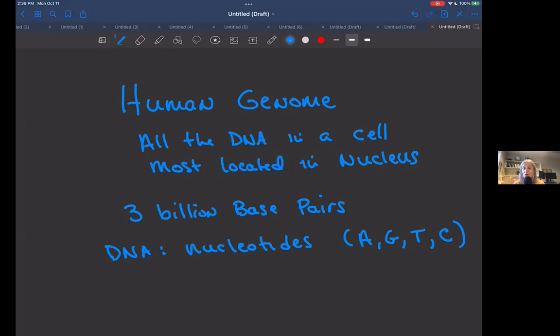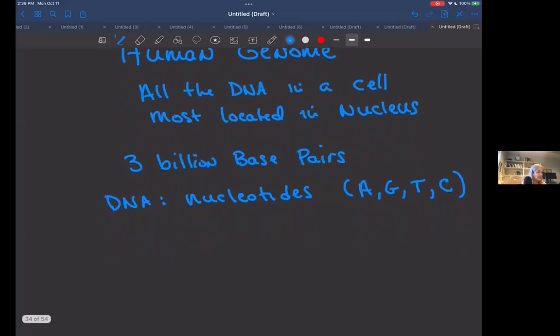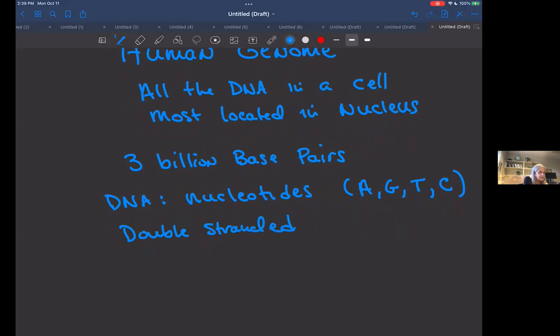You do not need to know those yet. We're going to talk about those in more detail when we get to the part on the DNA molecule. But these nucleotides, our DNA is double-stranded, so it forms base pairs.